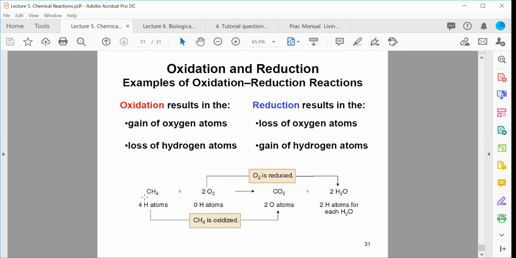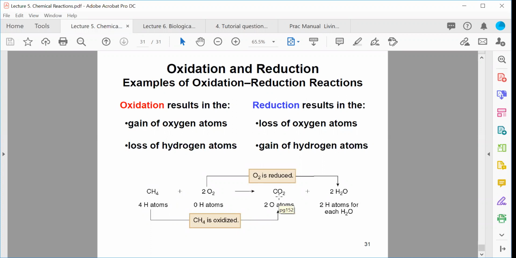All right, and we go back to our example of methane and oxygen reacting in a combustion reaction to form carbon dioxide and water. In this particular combustion reaction, our methane, CH4, is oxidised to carbon dioxide, CO2.